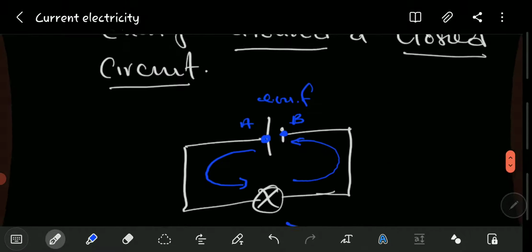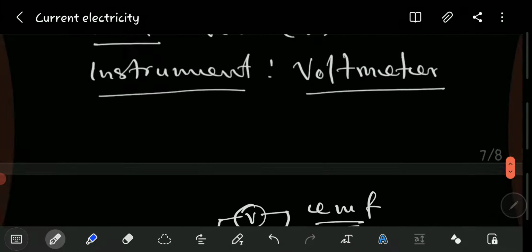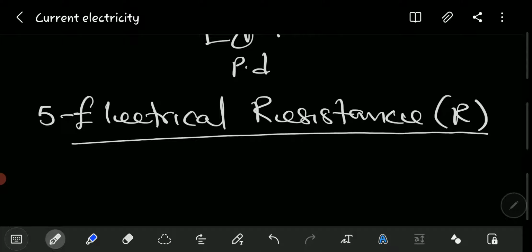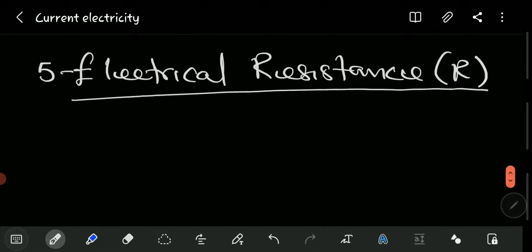So this is term number 5, the fifth term: electrical resistance, R. What is electrical resistance?